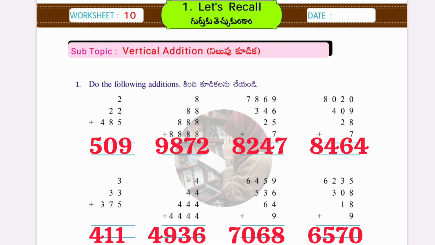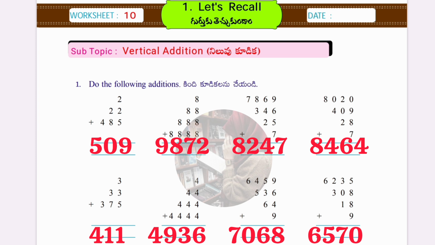Okay, let's see. First, add the vertical line. 5 plus 2 plus 2 is 9. Then 8 plus 2 is 10. You should write 1 above 4 and 0 here. Then 4 plus 1 is 5. Now just see the downside. 3 plus 5 is 11.